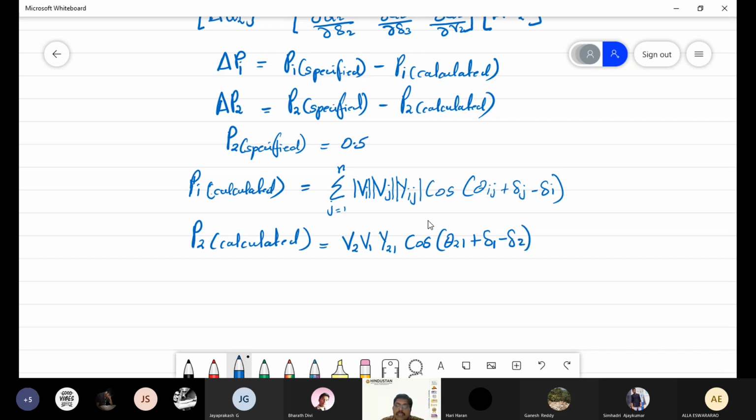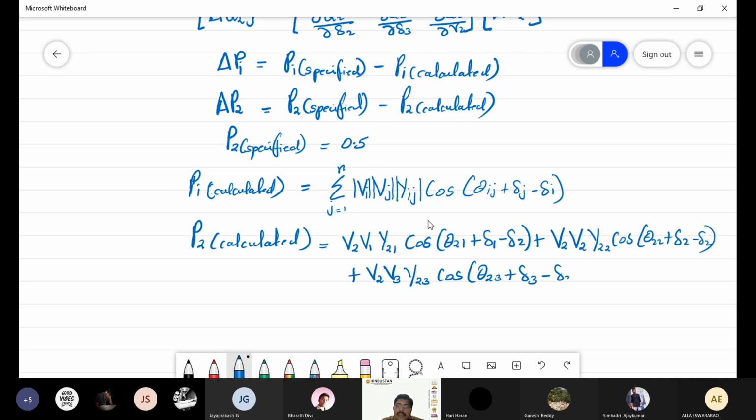It is not over since summation is there, plus V2 V2 Y22 cos of theta 22 plus del 2 minus del 2, which cancel each other, plus V2 V3 Y23 cos of theta 23 plus del 3 minus del 2.